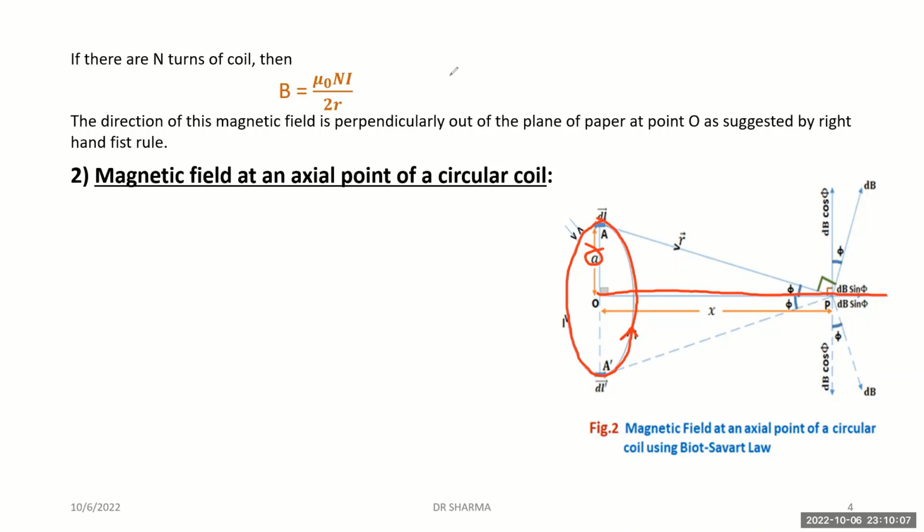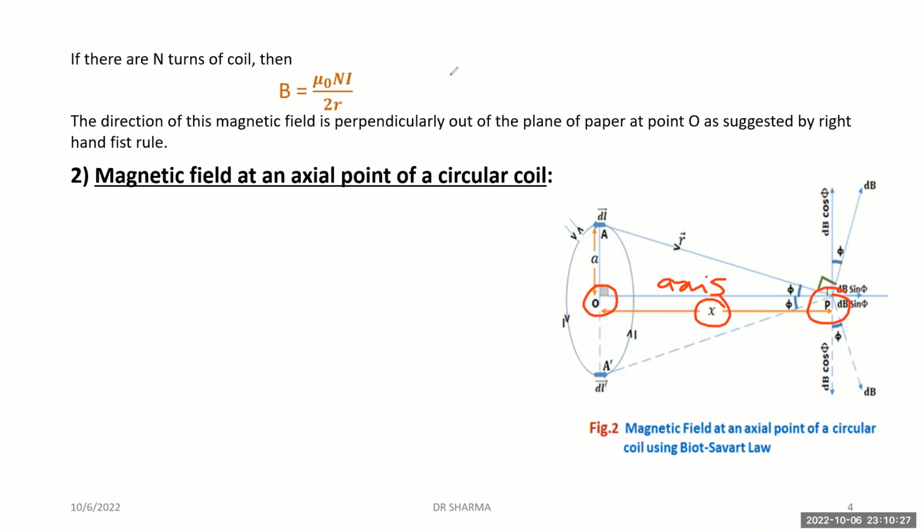Suppose we have to calculate the magnetic field at point P on the axis of the circular coil. This is the axis of the circular coil, at distance x from the center O of the circular coil.